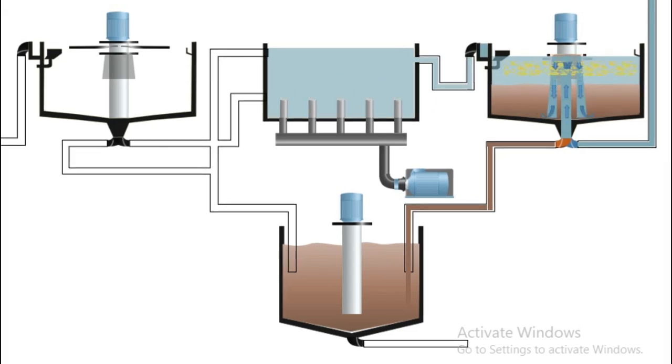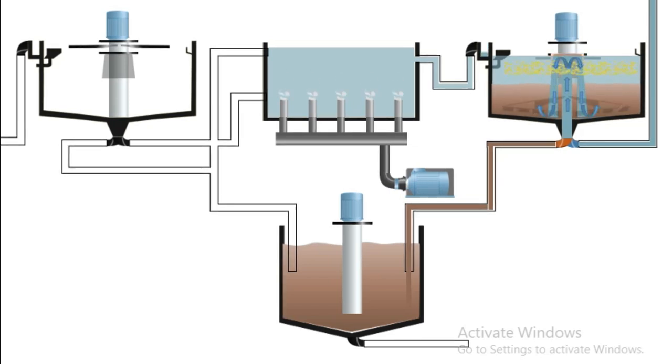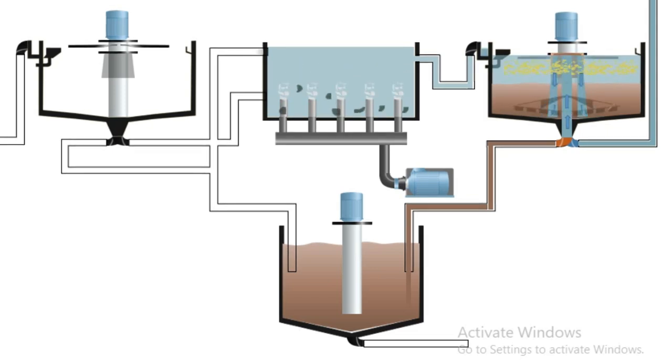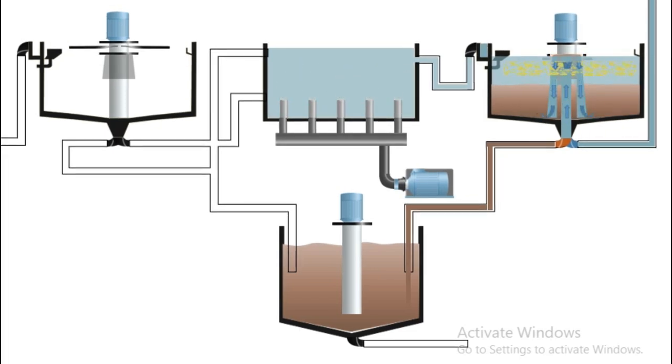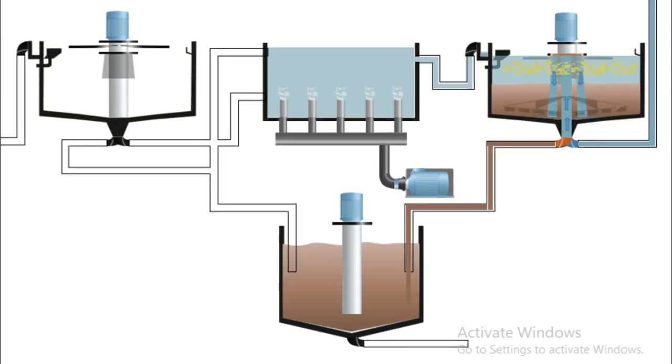The bacteria consume the organic pollutants and convert them into stable end products like carbon dioxide and water and new microbial cells. Continuous aeration and mixing ensure efficient contact between microbes and wastewater, achieving significant reductions in BOD and COD levels.